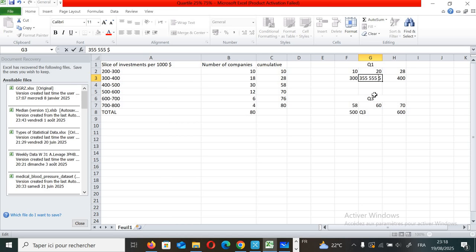So that's the Q1. For Q3, we're going to calculate based on the values. That means 60 exists between 58 and 70, and Q3 exists between 500 and 600.